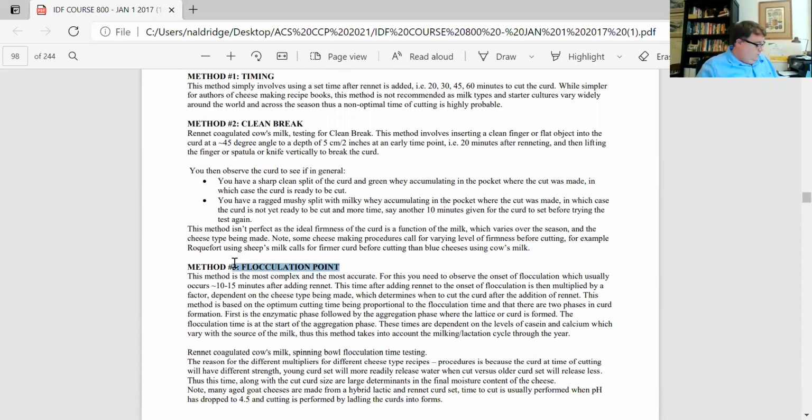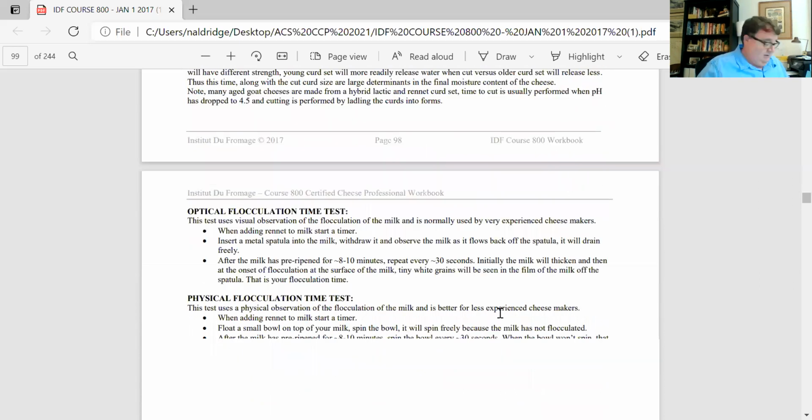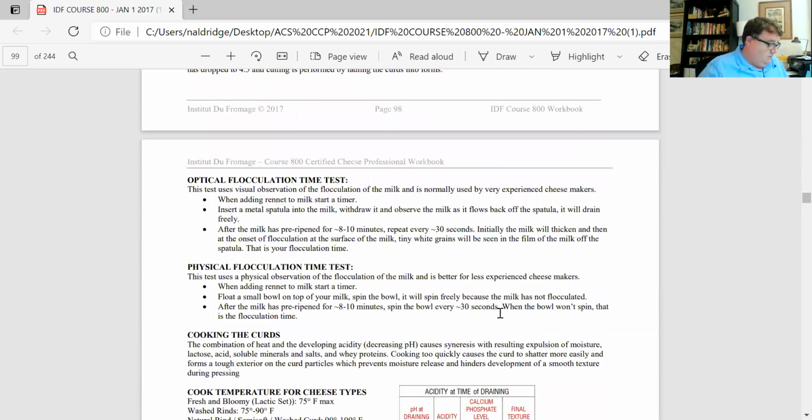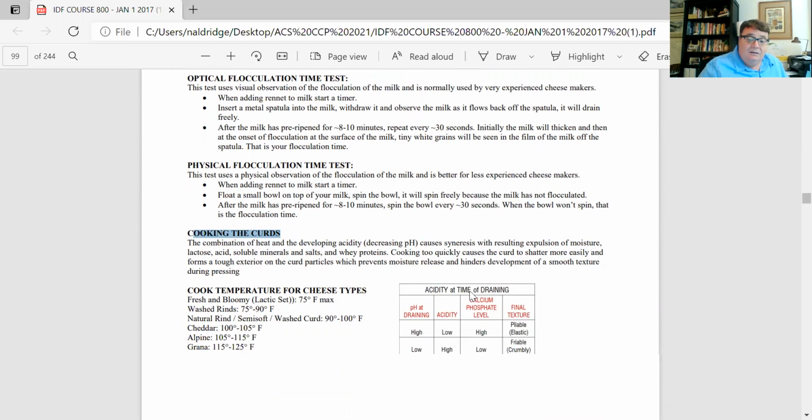Flocculation point on page 98. Know those. Now moving on to page 99. Again, the flocculation, know about that. They're not going to get too deep into it. I would understand the overarching aspect of it. But cooking the curds on page 99. I find that a very helpful thing to know.